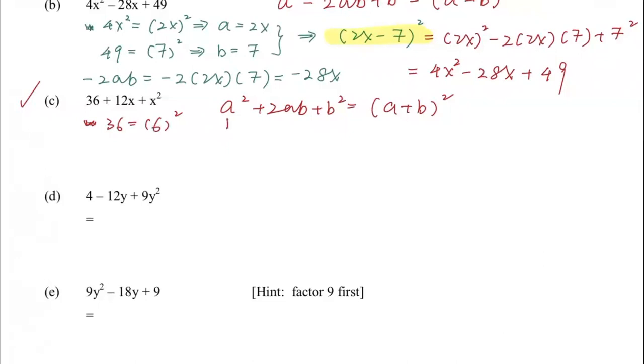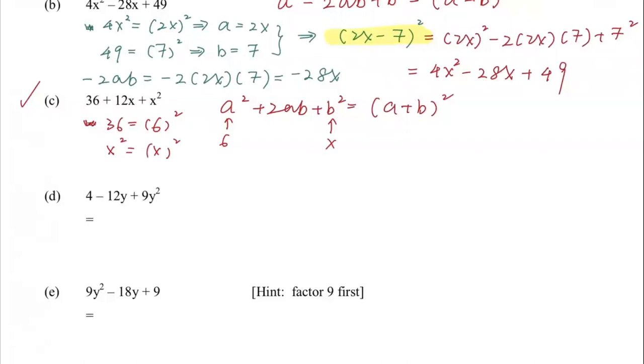So we have our a now. a is equal to 6, right? We have a b squared in the formula, and in our expression, we have x squared. So x squared is equal to x squared, right? Which means our b is equal to x.